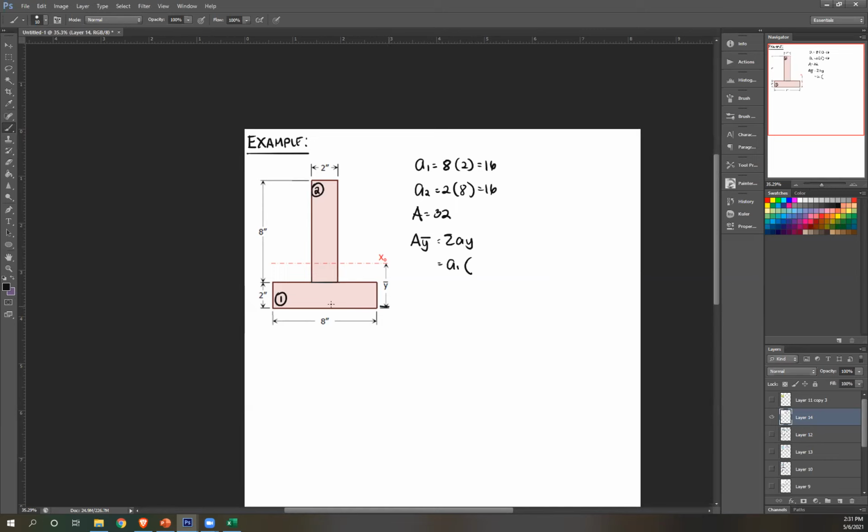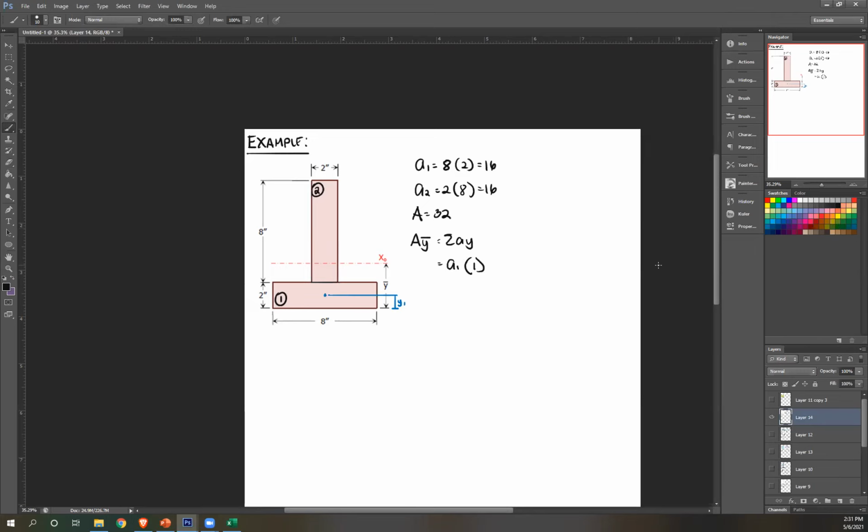Our reference axis is this. Therefore, let's take those distances. Let's start with 1. Okay, this is the centroid, right? And this is your y1. Therefore, y1, as you can see, total height of this is 2. Y1 is half of that, so that's 1.